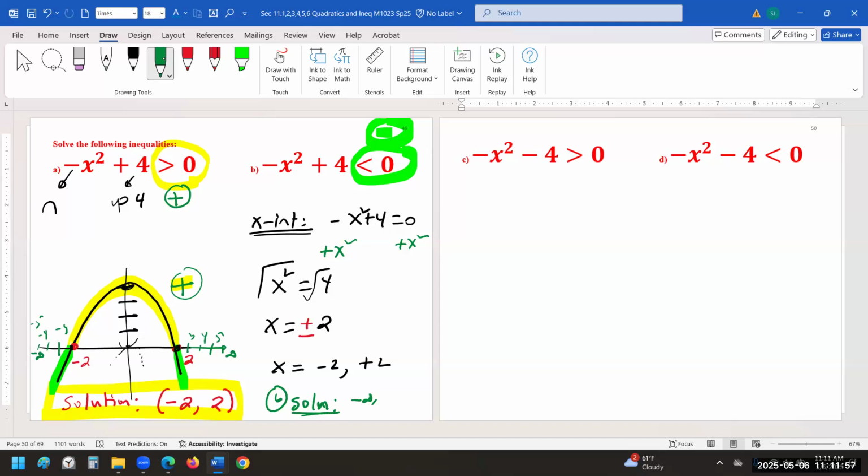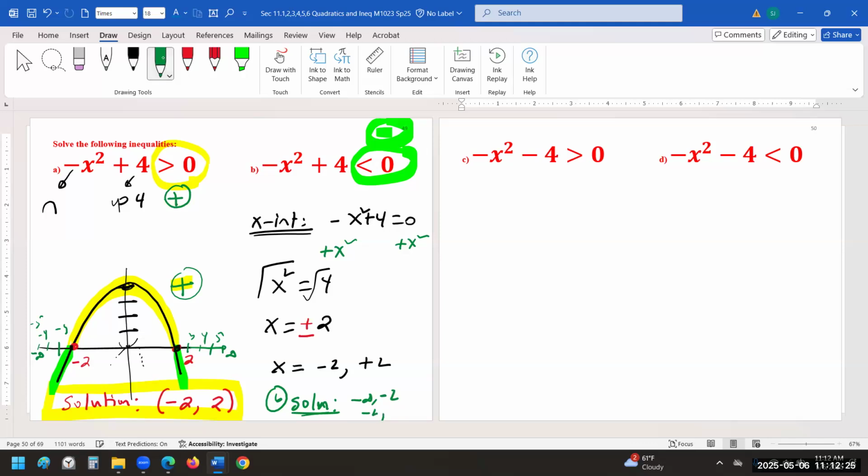So we know y values are here, but we are not looking for y values. We are looking for negative y values gives us which x values. So from here all the way to the other side, we have negative y values. So we have negative infinity to -2. All of these x values give us negative y values.